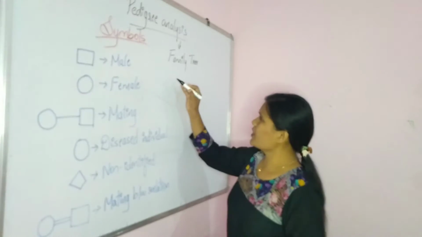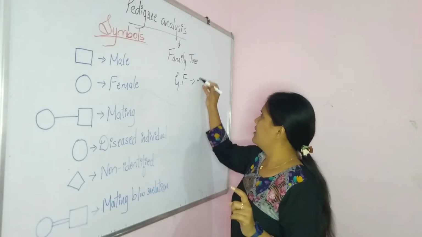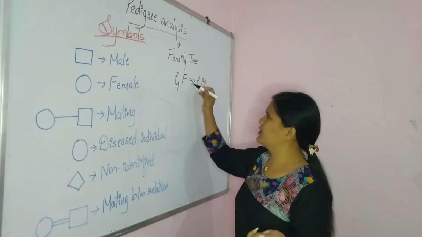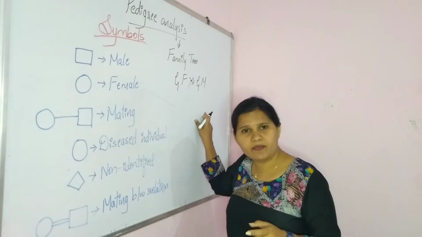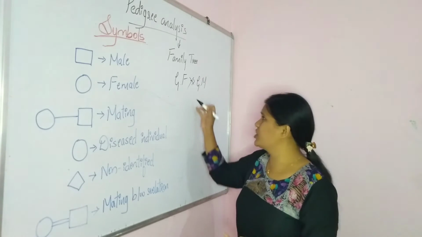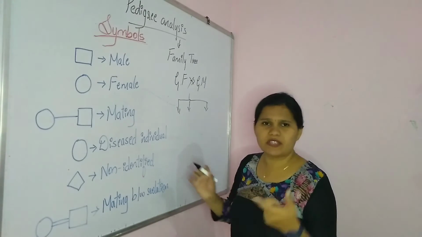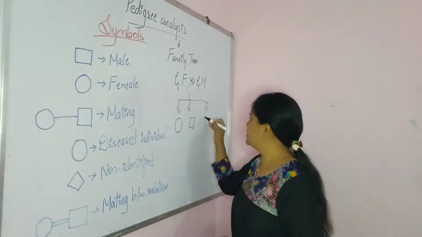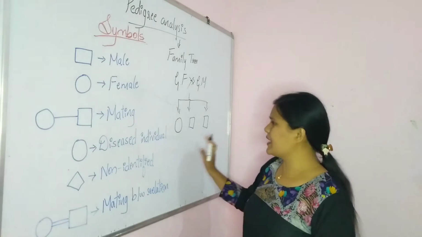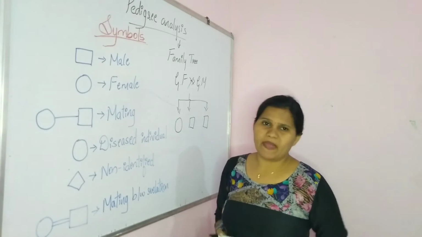For example, you can take a grandfather and grandmother. If these two mate with each other, they will produce three offspring, where one is female and the other two are male. Let me tell you why the round one is female and the square one is male.